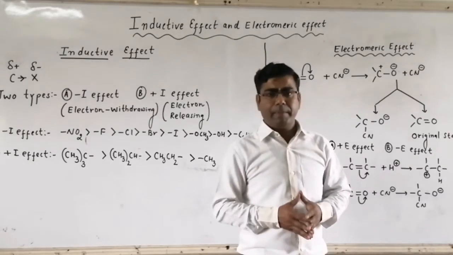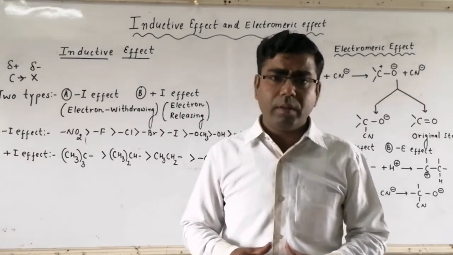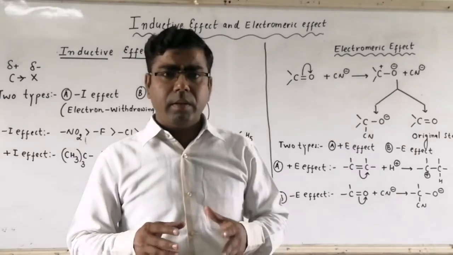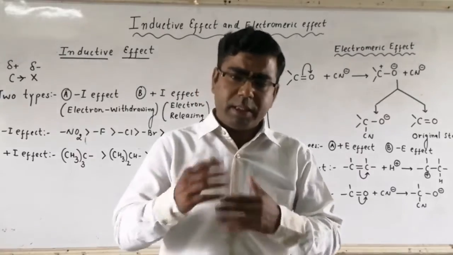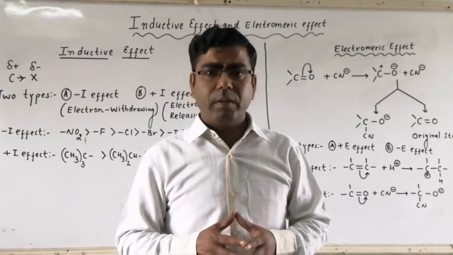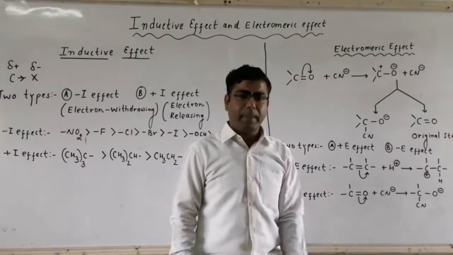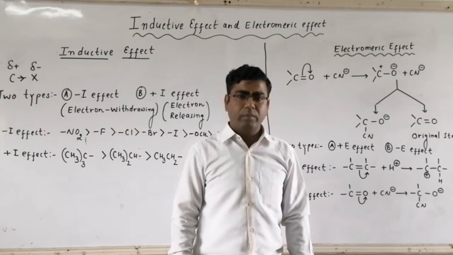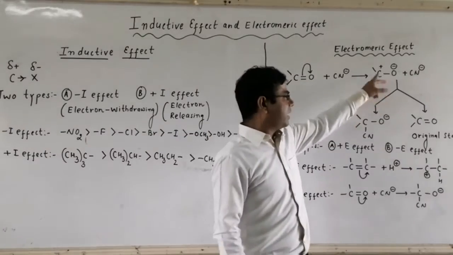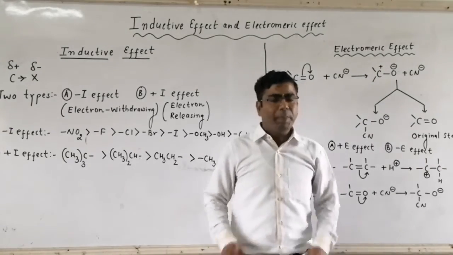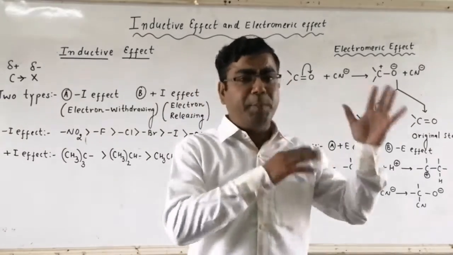And condition number second, CN minus group is moving away without reacting with the species formed here. So in case first, reaction is taking place between CN minus and C plus. But in the second case, reaction is not taking place between CN minus and C plus.